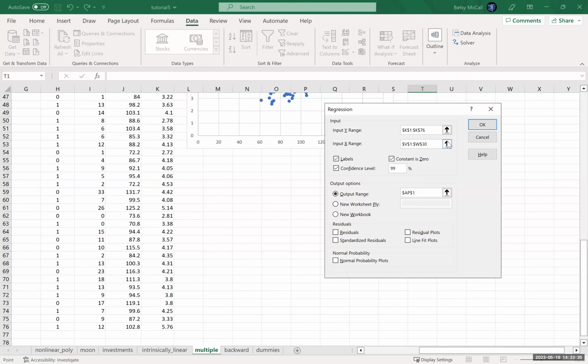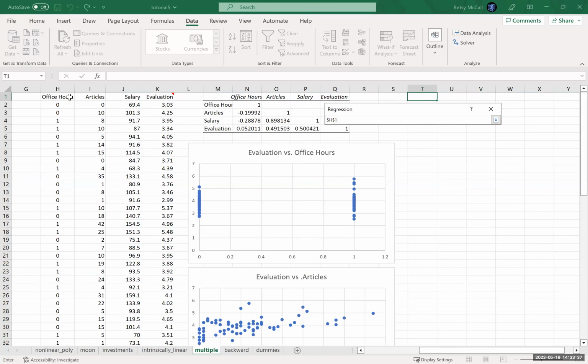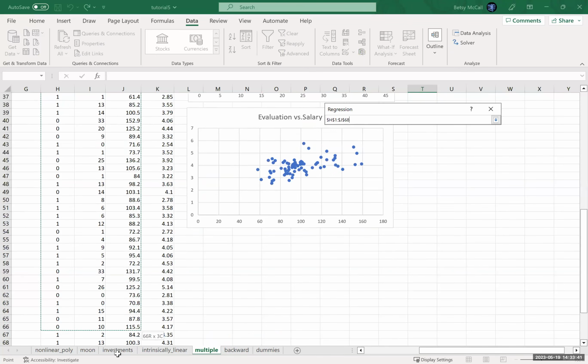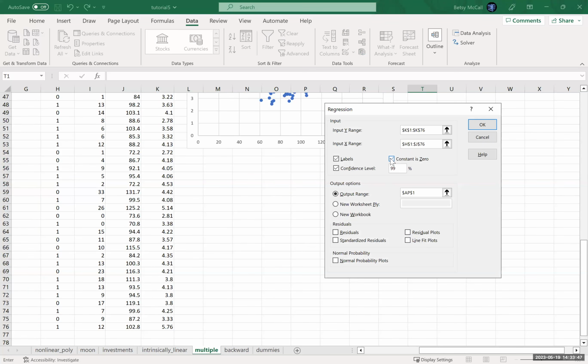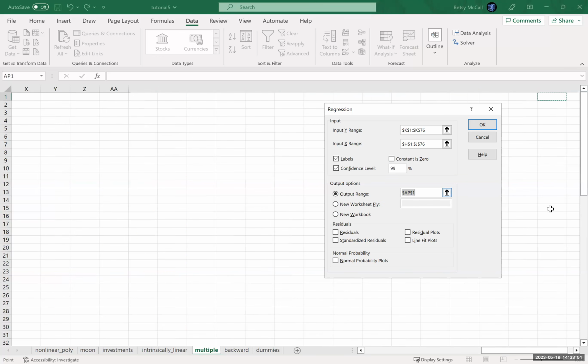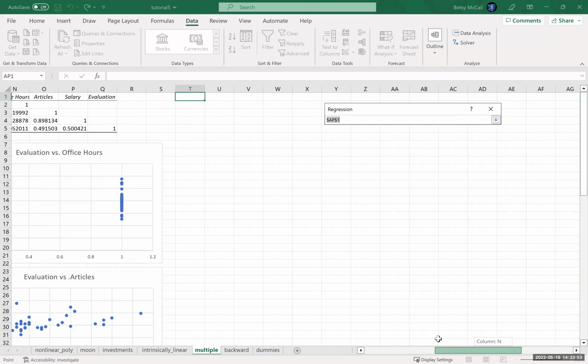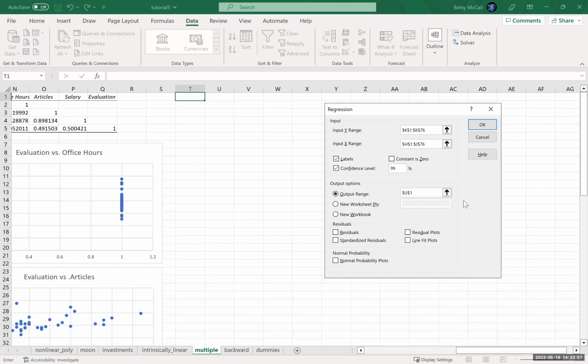And then the X input range is all of the input variables that we're going to use, all three of them. Constant is zero: where it's not constant is 0. Output range, where are we going to stick this? This seems like a good place.